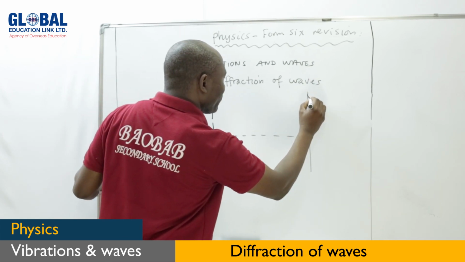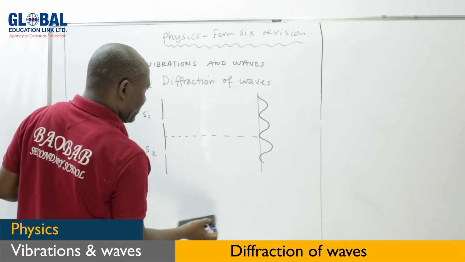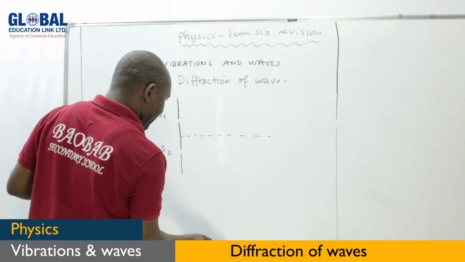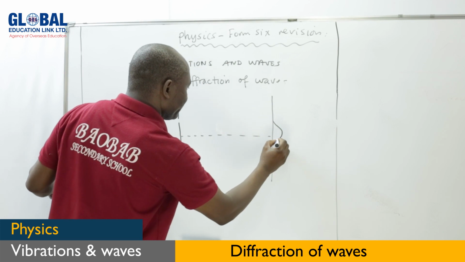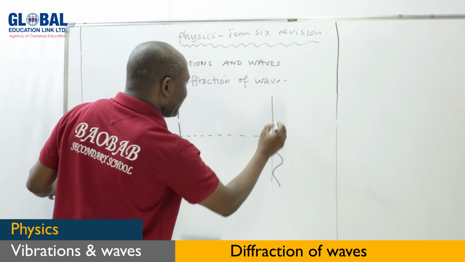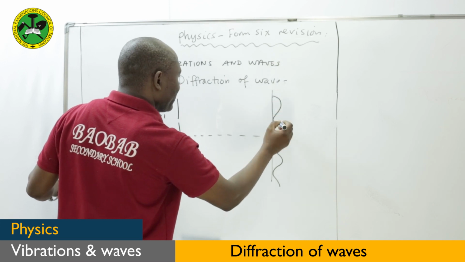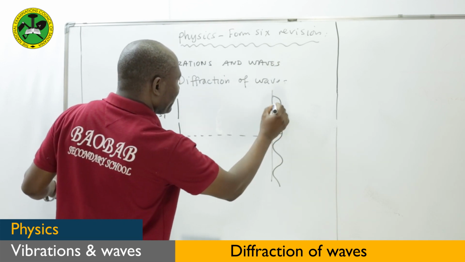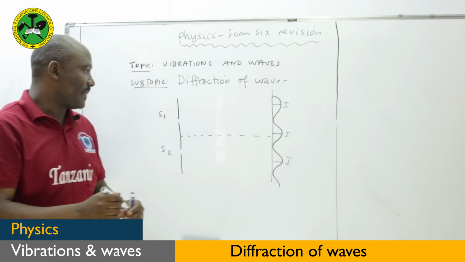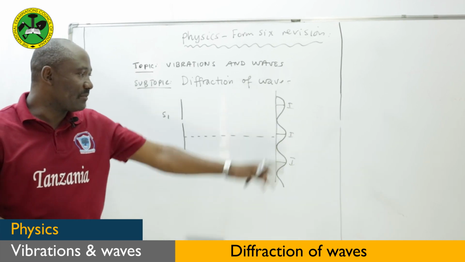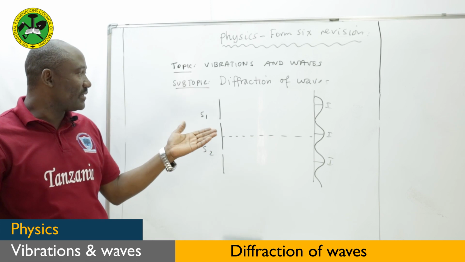We saw the nature of the images formed by this, and we found that the intensity of the bright images on the screen are the same. That, of course, you can remember, is interference.